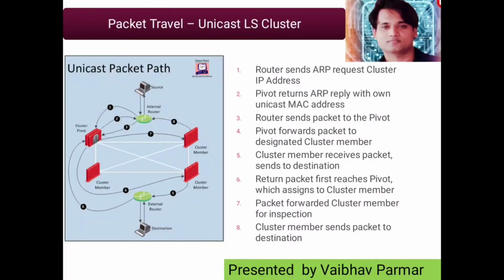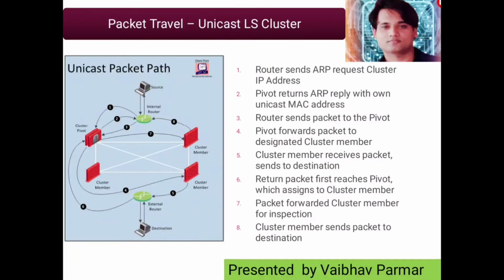Packet 5, or step 5, the cluster member that receives the forwarded packet performs the inspection and sends the packet to its destination. The return packet goes through the same process, although it may not necessarily be forwarded by the pivot to the same cluster member.